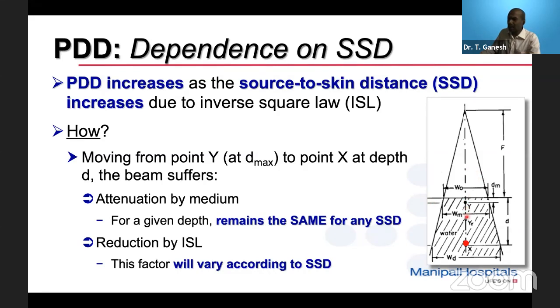This attenuation is going to be the same because we are considering a depth D. So D is the same for both SSDs. So attenuation by this depth will be the same irrespective of the SSD. However, reduction by the inverse square law, this factor will vary depending on the SSD.